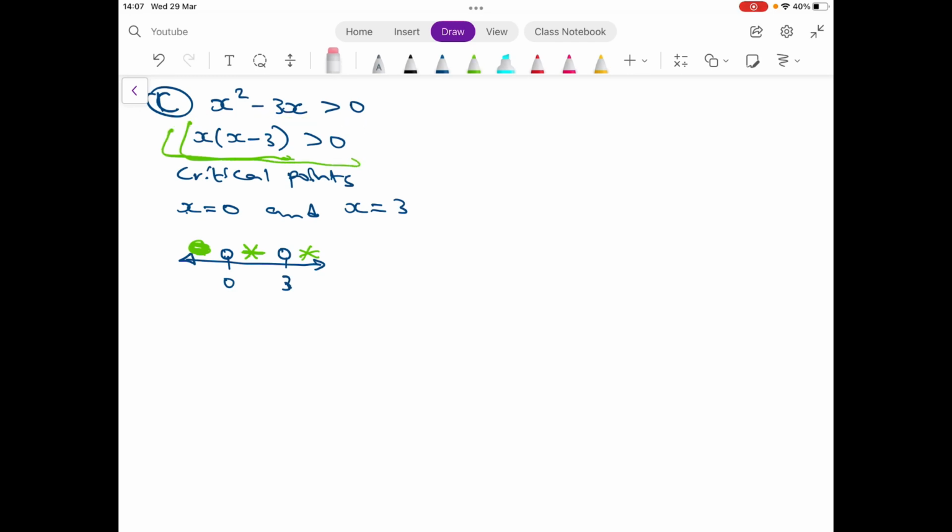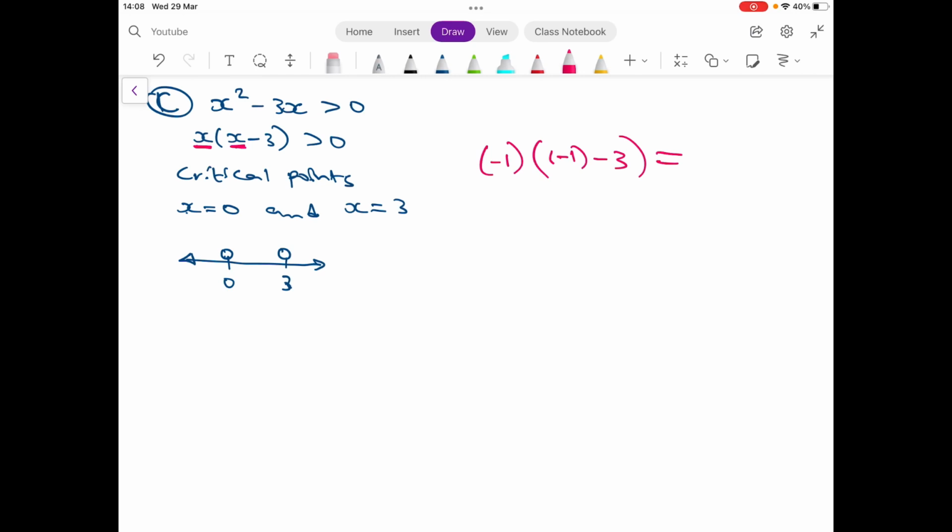First, we think of any value that is less than 0.